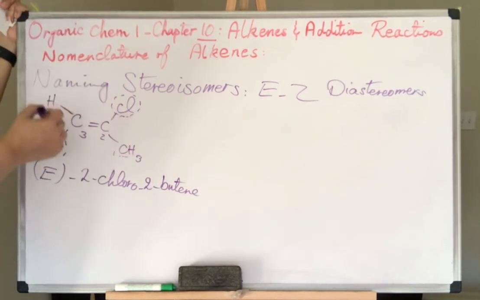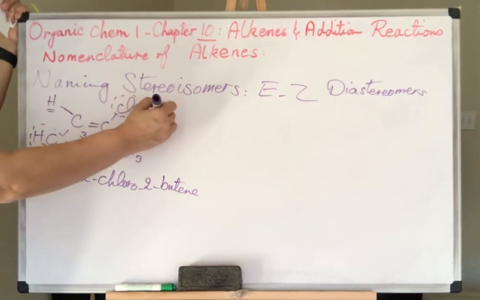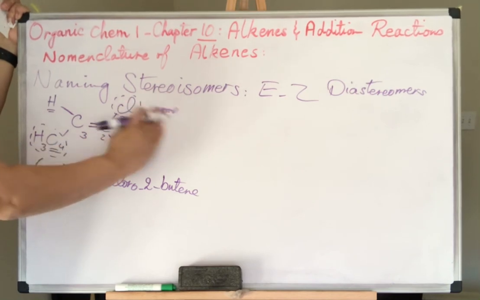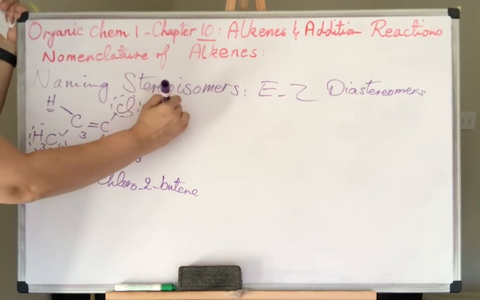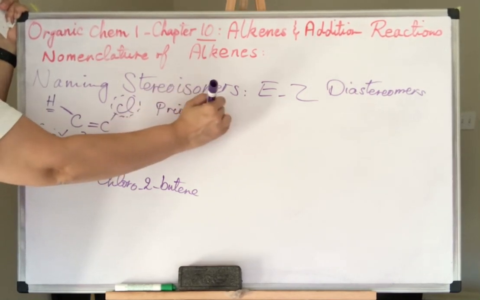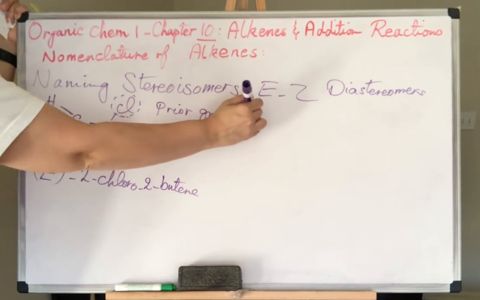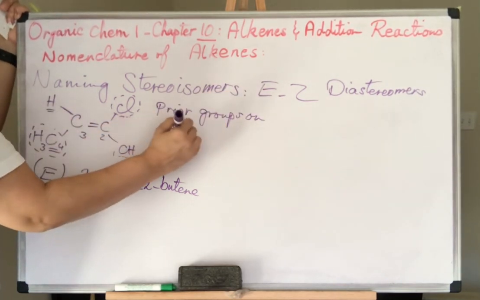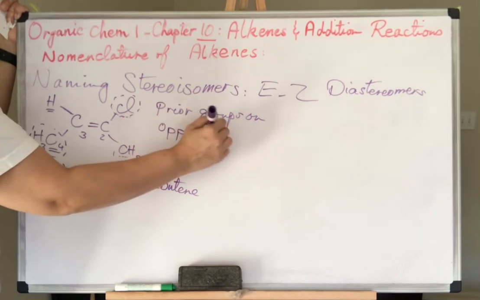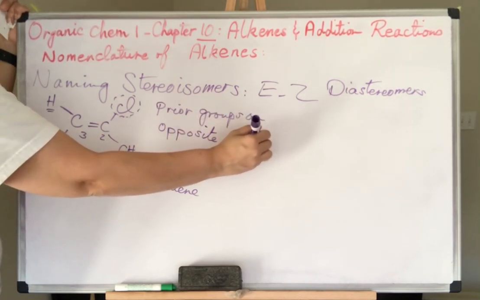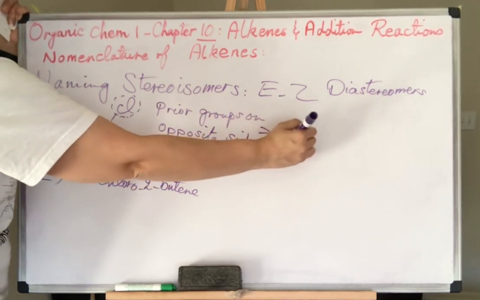So one more time, when the prior groups are on opposite sides, you call it an E.